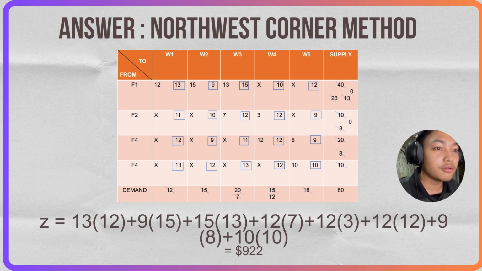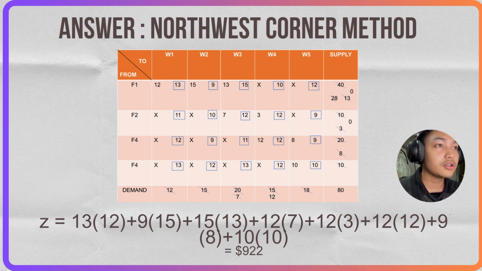The first cell of warehouse 2 is on the top left, excluding the cell that has been filled in. The demand needed for warehouse 2 is 15 units and it can be supplied by factory 1, because factory 1 has a balance of 28 units after subtracting 12 units.